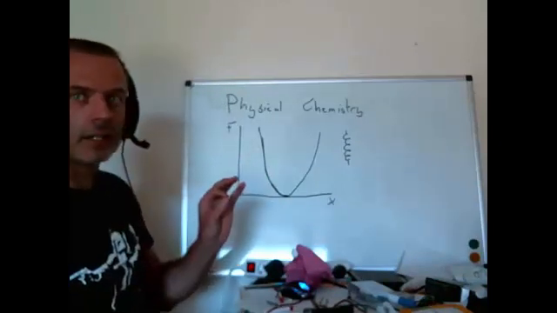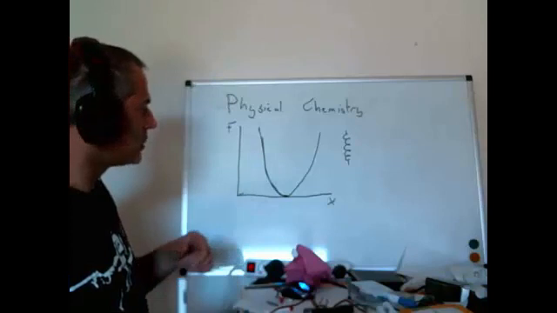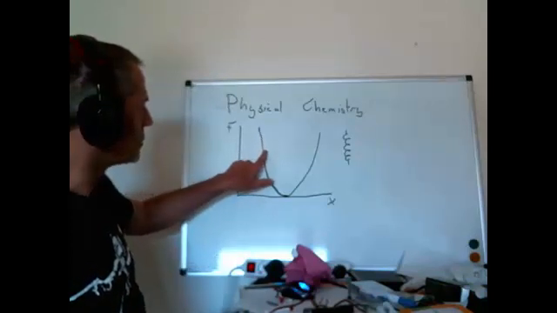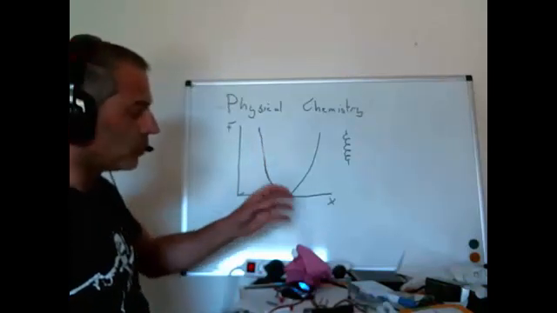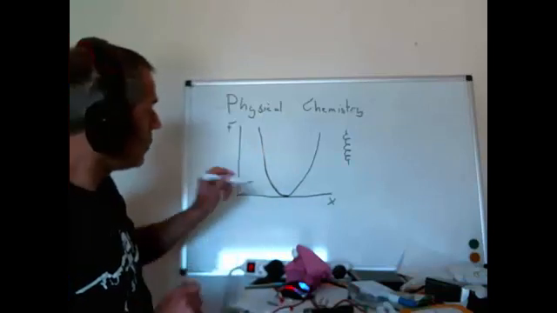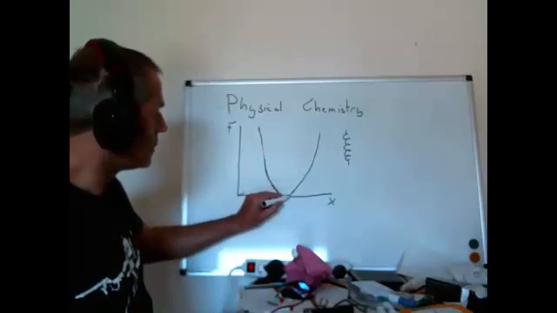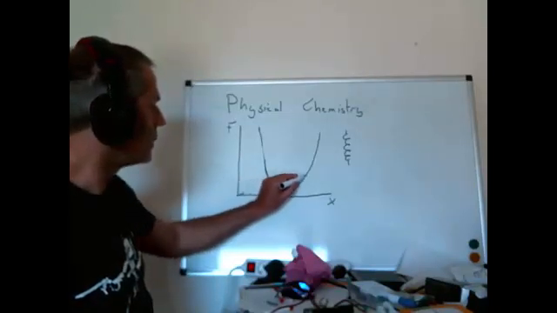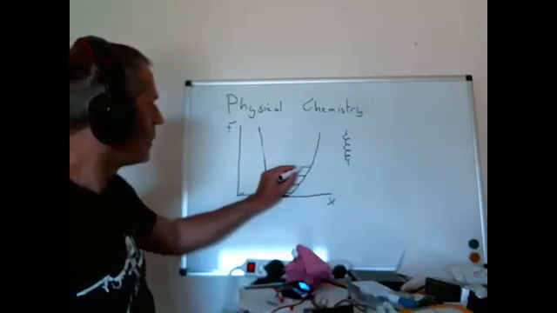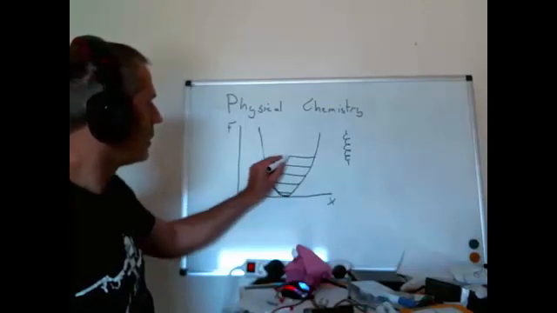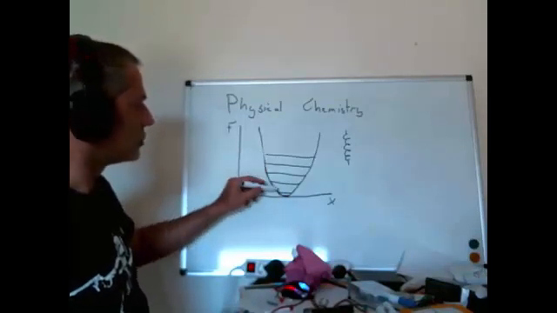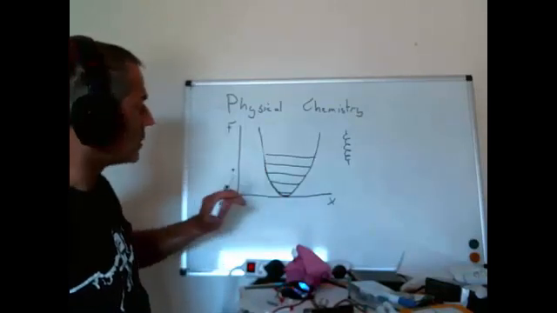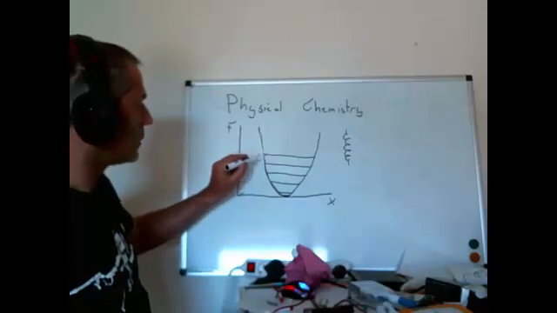If we take that and add some energy levels in there, because energy levels in an atom or a molecule are quantized, we can imagine them sitting in here like that. Those would be the energy levels inside our molecule.